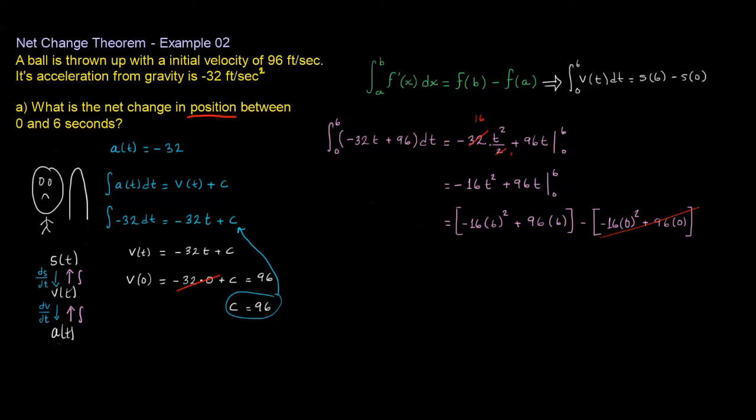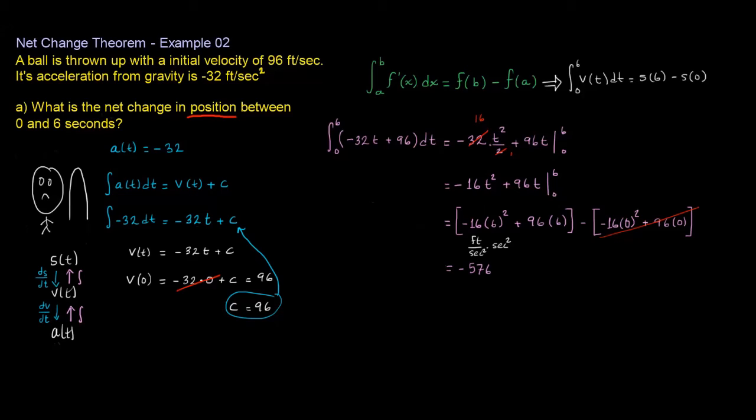Let's see. I'm going to use a calculator here. We got that this is equal to negative 576. I'm going to use another color for the units. Here we multiplied feet per second squared, I'm sorry, times seconds squared.